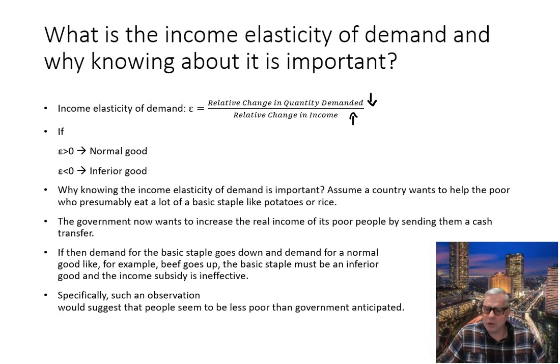And now we need to look at what happens in the market. If then the demand for the basic staple goes down and demand for a normal good, like for example beef, goes up, the basic staple must have been already an inferior good, and the income subsidy is ineffective.